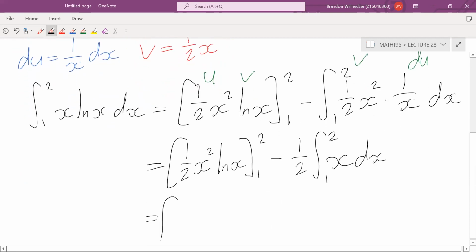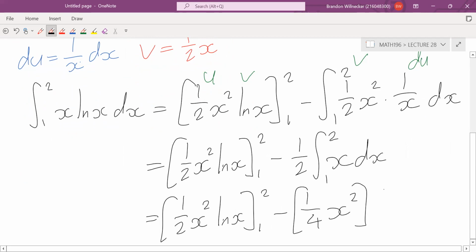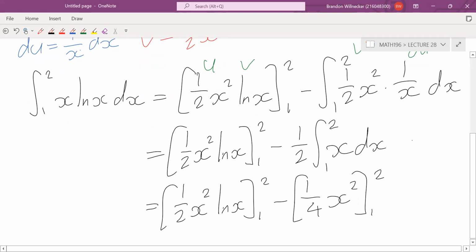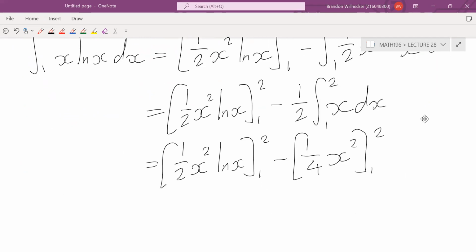So we end up with 1/2 x squared natural log of x from 1 to 2, minus 1/4 x squared from 1 to 2. Because you add 1 to the exponent to make it 2, divide, we get half times half, which is a quarter. Okay, so now we need to evaluate at the bounds.